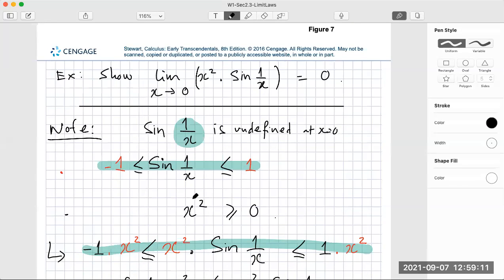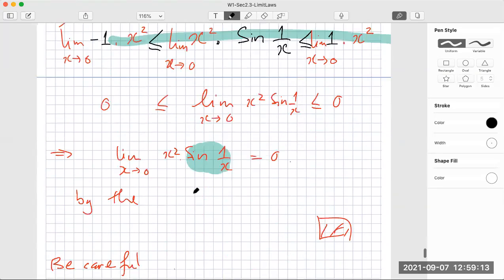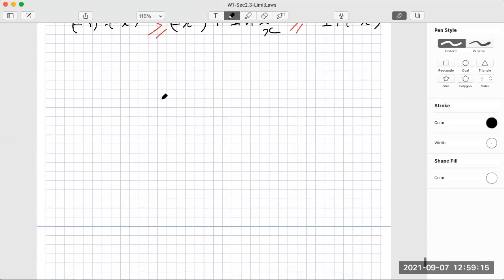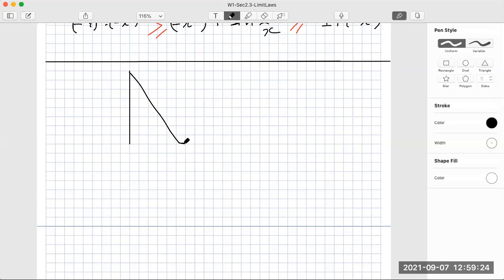Okay. So let us go back to the definition of sine and cosine. Trigonometry. In trigonometry, if we have a right triangle A, B, C, this is A, this is B, and this is C, the legs here.